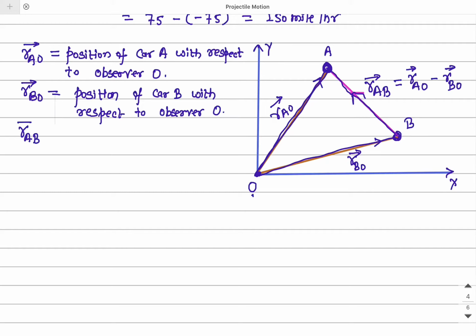What does RAB mean? It is the position of car A with respect to car B.